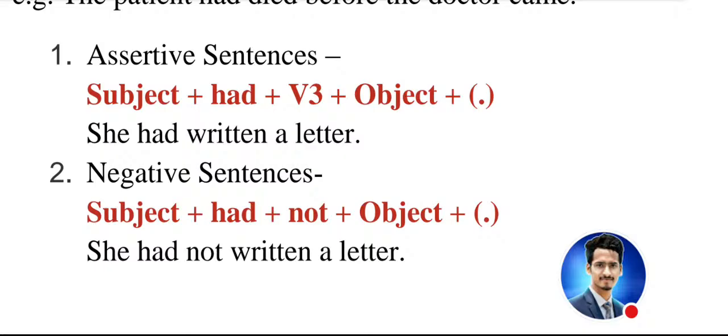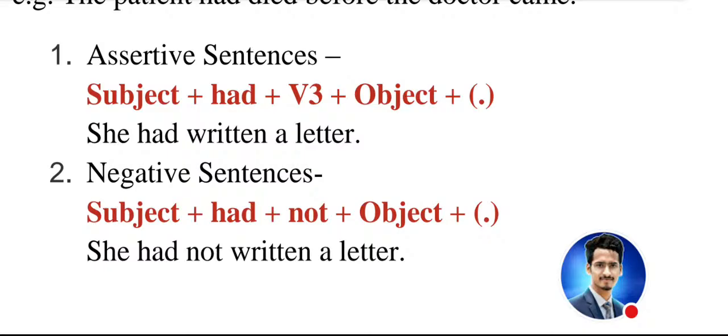So you see subject and had is the auxiliary verb, and I told you something before, in my previous class, that if you see anywhere past or present or future and perfect or continuous, if you see continuous, then you have to think that the verb form will be the ing form.